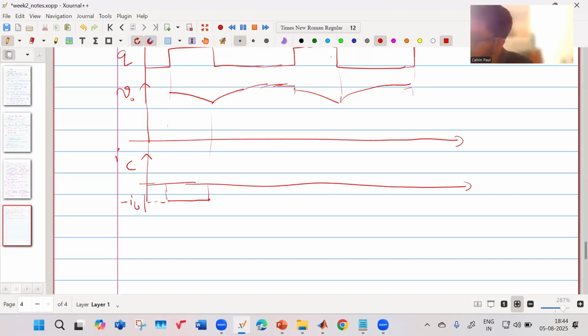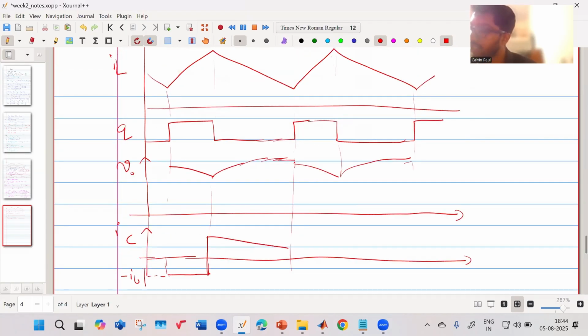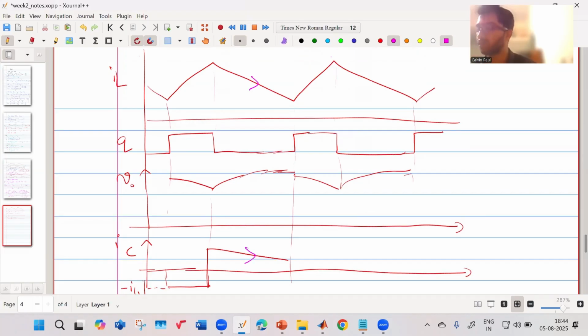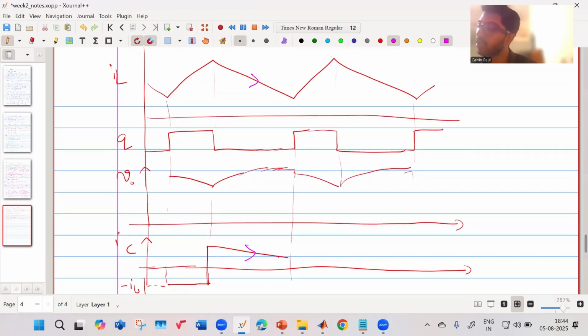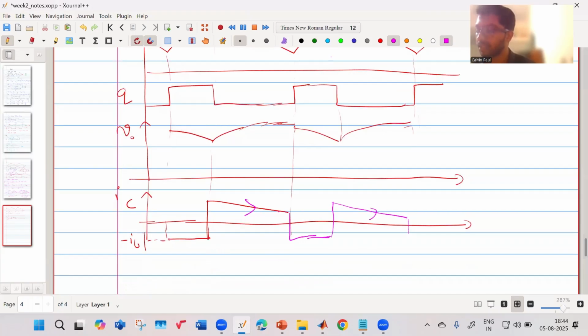And then when Q equals 0, it will go like this. It will follow how your inductor current looks. So this will be the inductor current minus the output current. Then when Q again goes 1, it will again become minus I0. And when Q goes low, it will again follow the inductor current minus the output current. So this is the waveform of IC.